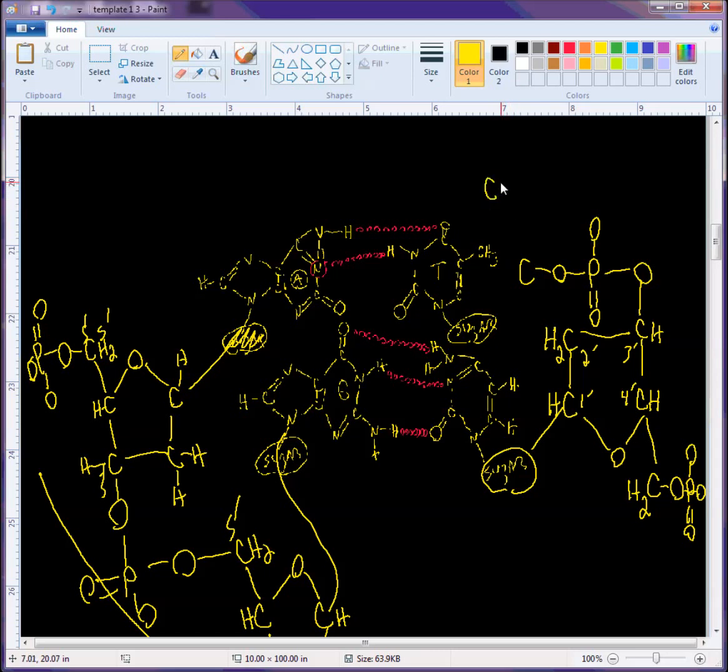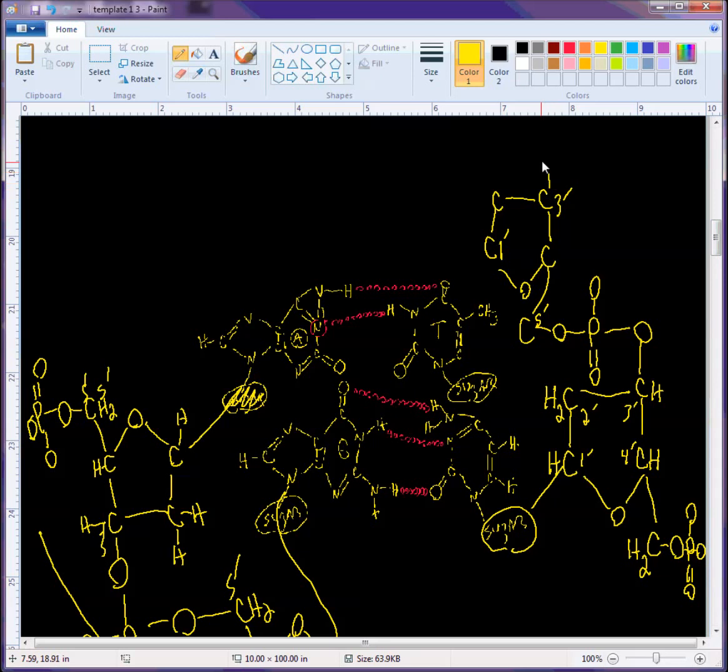Okay, I'll just start right here with the 1' carbon, carbon, carbon there, carbon here, oxygen, and this is the 5' carbon right here. So 3' up here. This is going to have the hydroxyl, 2 hydrogens here, hydrogen here, and this is where we're attached to this nitrogen right here.